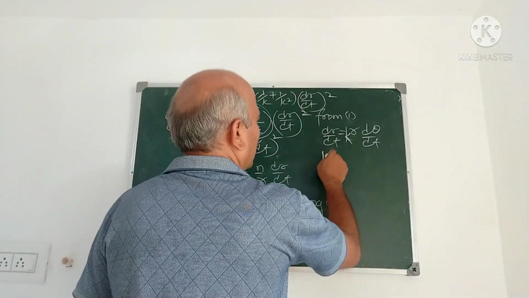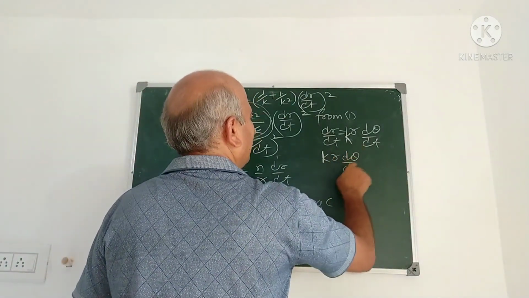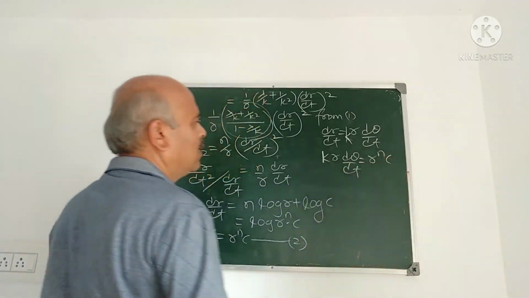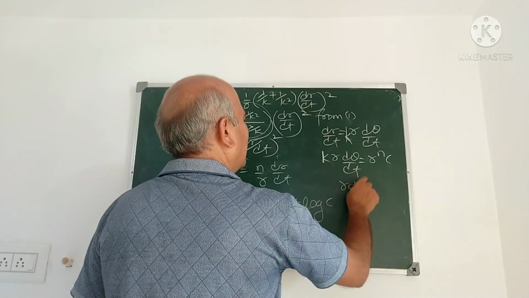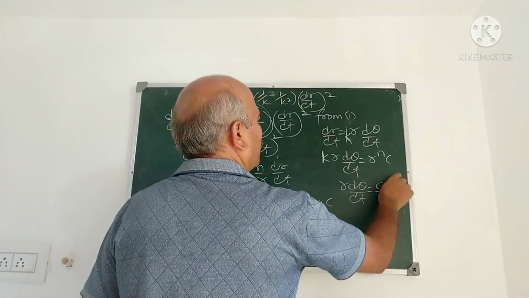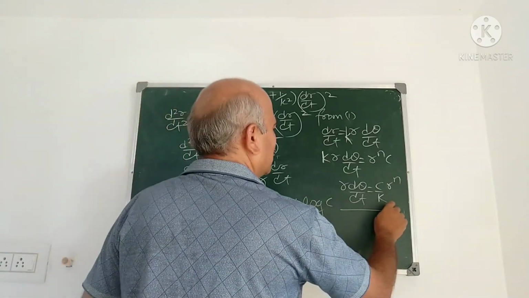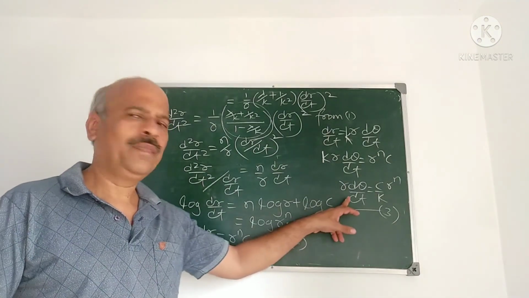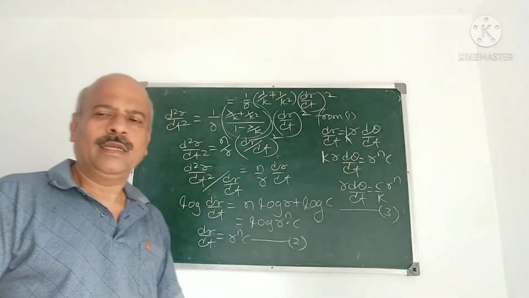Therefore K r d theta by dt is equal to r raised to n into c. Therefore r d theta by dt is c by k r raised to n. Now this is 3. Now we have dr by dt and r d theta by dt.